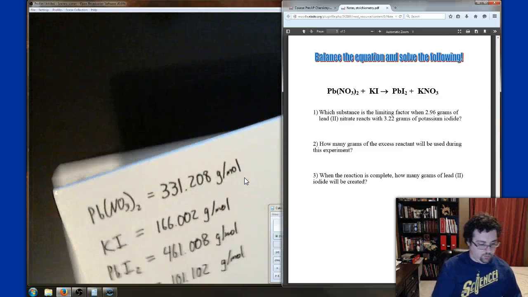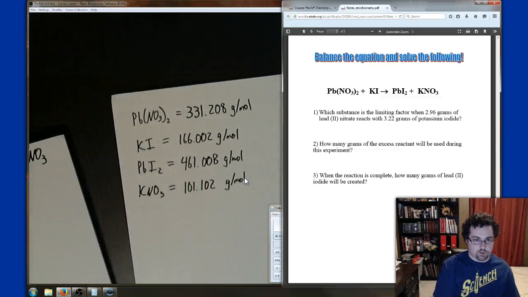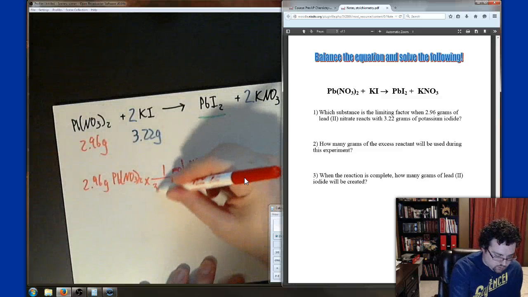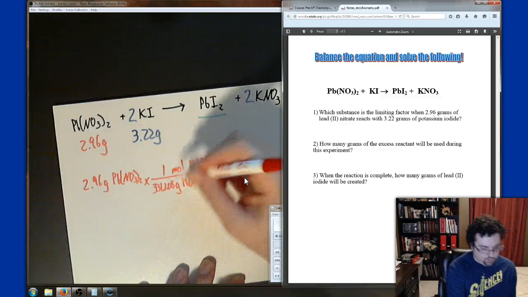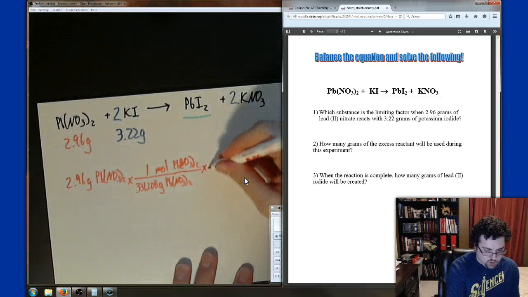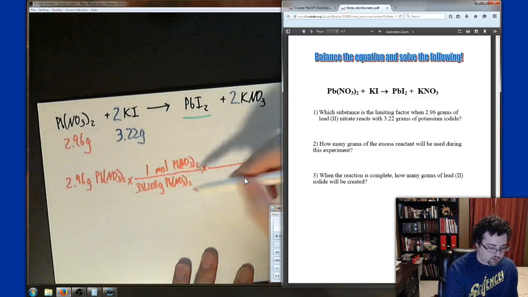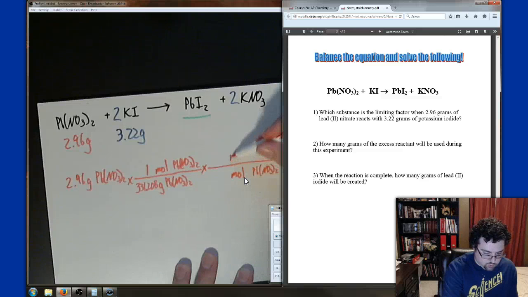So 331.208 grams and 1 mole of that is what I'm using. Now that I've converted this number into moles, I'm going to use another conversion factor to convert from moles of lead nitrate into moles of PbI2.